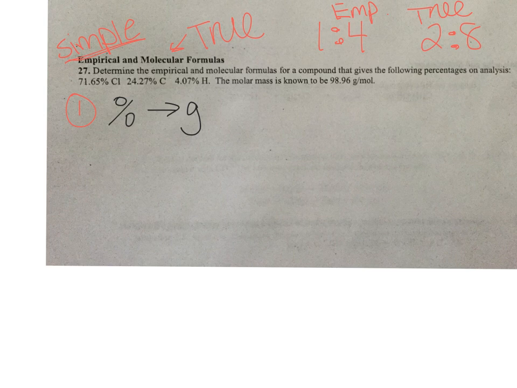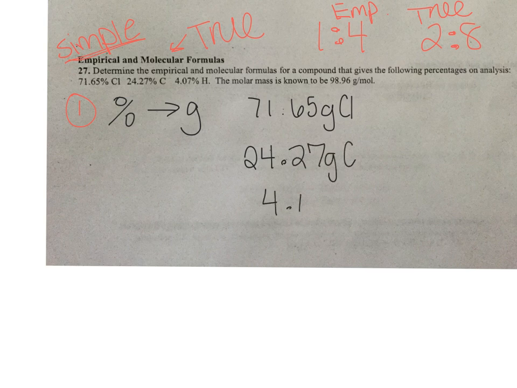So therefore, I have 71.65 grams of chlorine, 24.27 grams of carbon, and 4.07 grams of hydrogen. That's your first step.